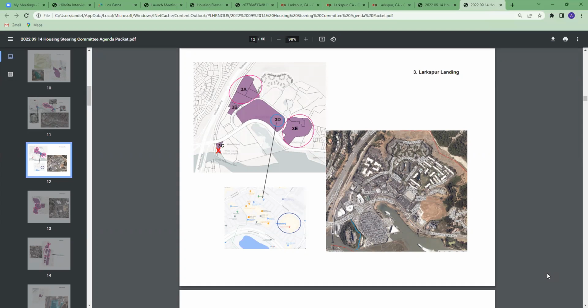Again, it supports the idea, and I pointed this out at the last meeting, that this is one of the areas of the city that has the lowest vehicle miles traveled, probably because it's right next to the ferry, and there might be people there that are significantly reducing their trips by taking the ferry to work from here. Yeah, one of the biggest problems with that property are the people across the water, because that's not a housing problem. There will be objections to a large structure that's lit up at night.